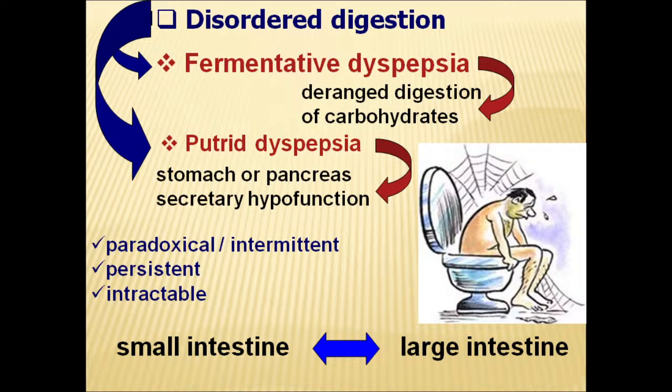Large intestine diarrhea is characterized by frequent liquid defecation but with small portions, because it is irritation of the rectum and anus with liquid content. To differentiate small and large intestine diarrhea, we must ask the patient about time of defecation, frequency of defecation, and amount of feces.